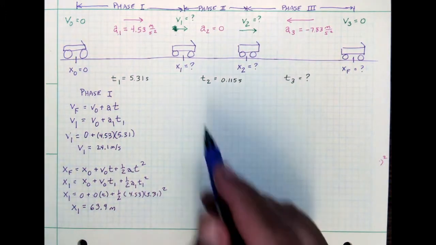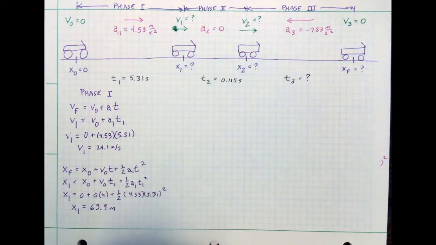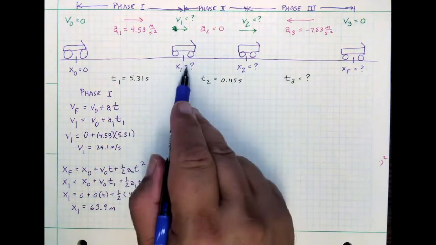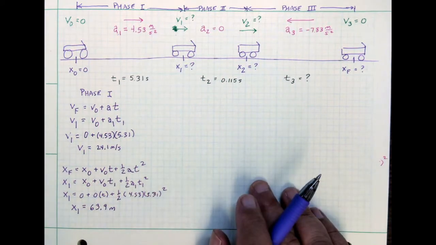All right, so we've determined that the velocity at the end of phase 1 is 24.1 meters per second, and the position at the end of phase 1 is going to be 63.9 meters.